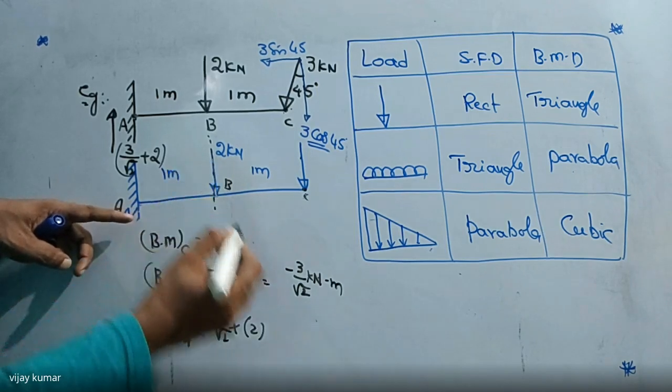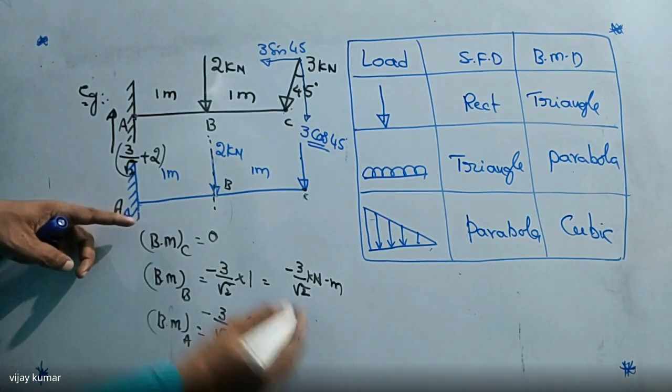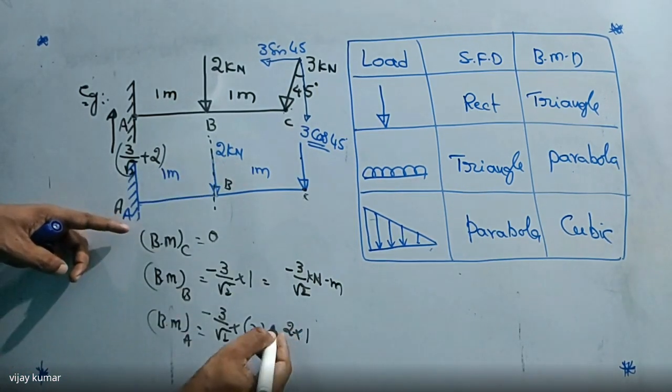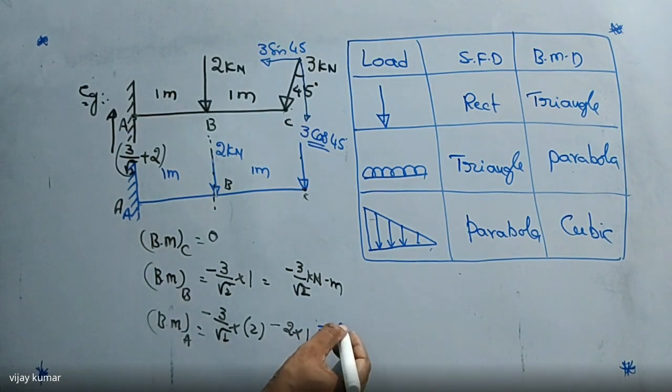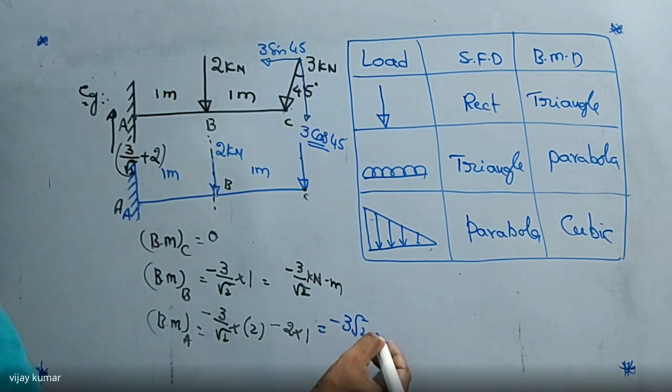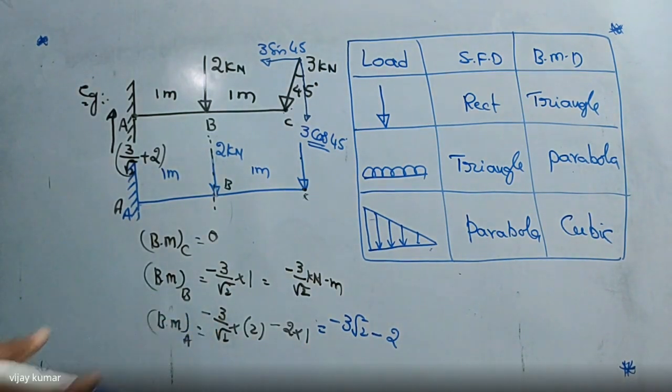And this is also moving downward, that is 2 into the distance between these, nothing but 1, which is also negative. And here, how much value are we getting? That implies 3 root 2 minus 2.